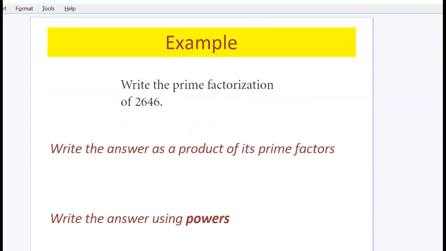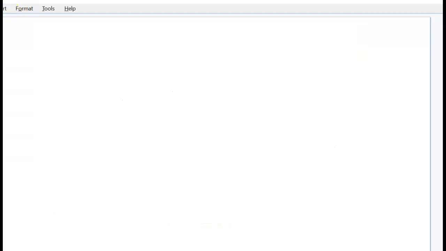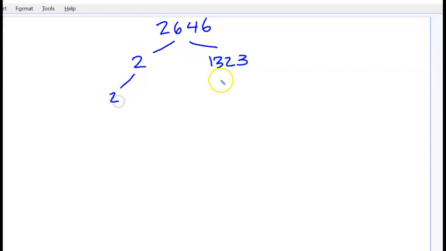All right, let's try our next example, and we want to write out the prime factors of 2646. So we want to do 2646, and one possible factorization would be 2 times 1323. The 2 obviously is prime. 1323 will break down to 3 times 441.